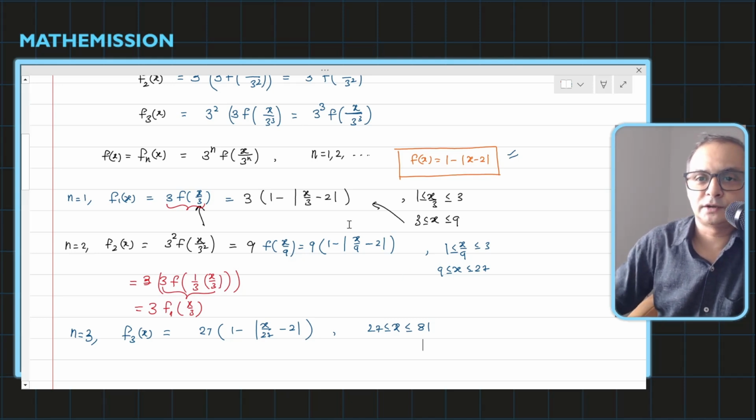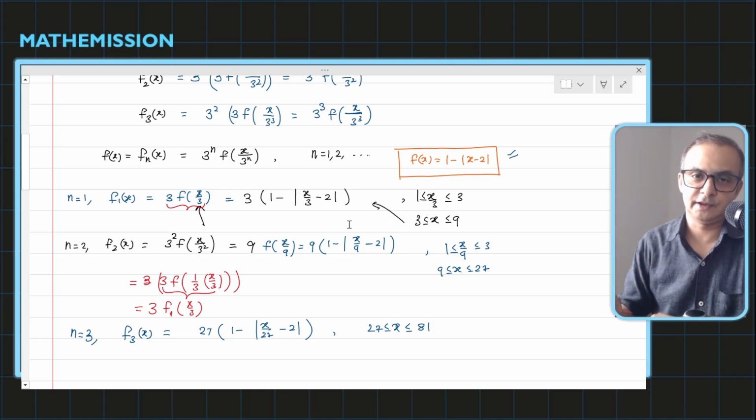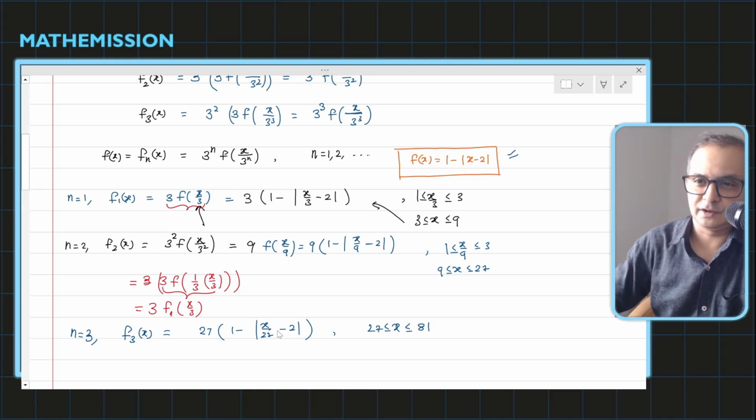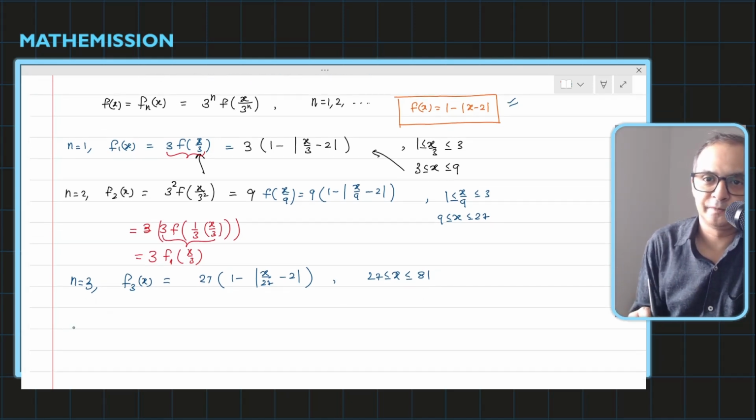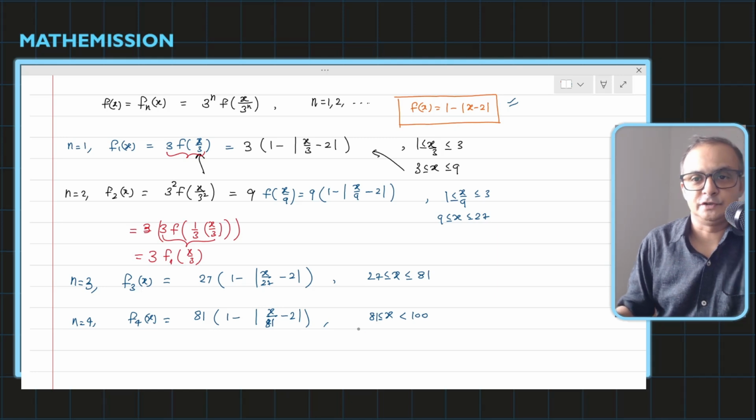So from 81, if you start the next function, it will go up to 243. If you stop at 100, there is still some part we can write here. So we can write n is equal to 4. f4 of x is nothing but 81 times 1 minus mod of x by 81 minus 2, and this is going from 81 to 100, where I stop, but still there is a definition.